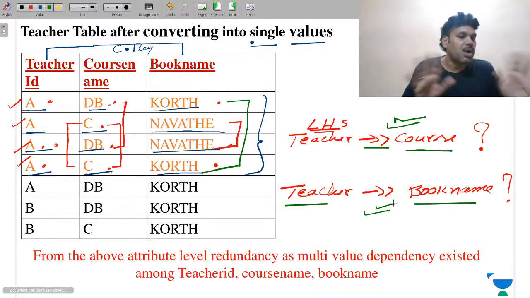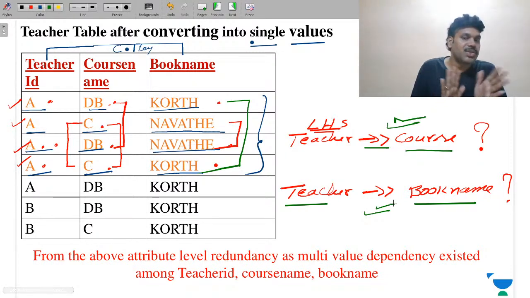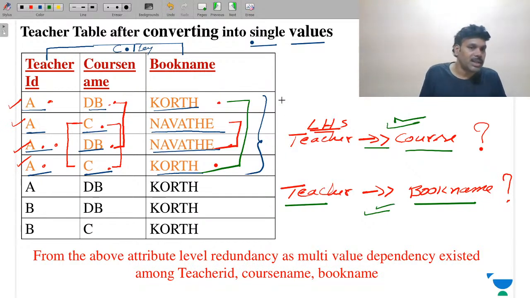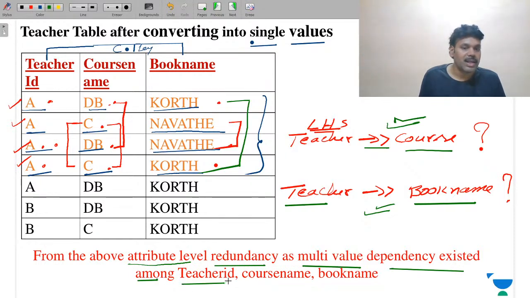So if data is not matched, then you cannot say that there is a multi-value dependency between two sets of attributes. Therefore, according to the condition, the tuple set is also supposed to be matched. So from the above, attribute level redundancy as multi-value dependency existed among teacher ID and course name, teacher ID and book name.